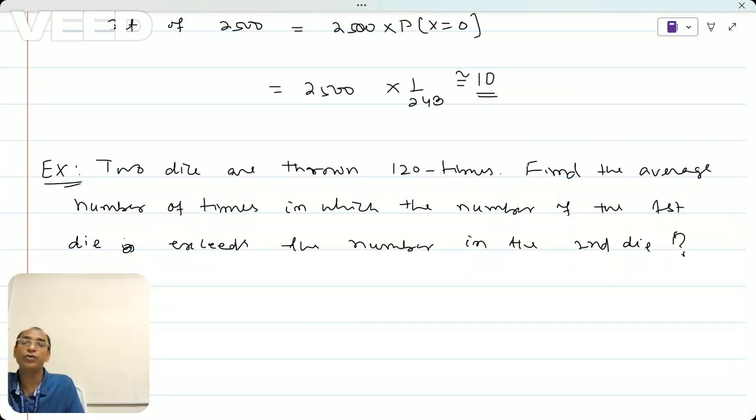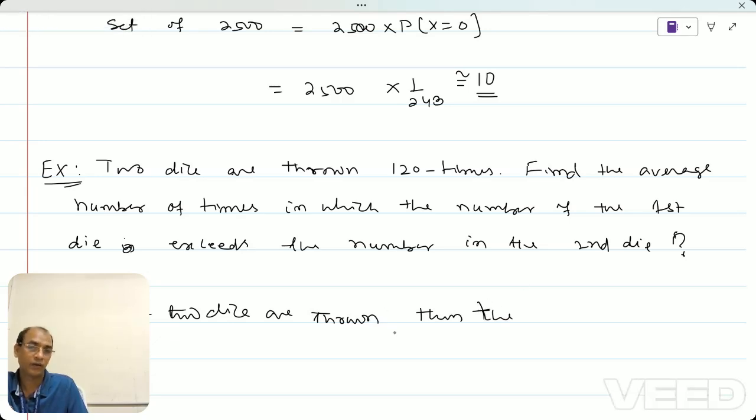you see, if we throw two dice at a time, we can have 36 possibilities. So if two dice are thrown, then the total number of outcomes is nothing but 6 to the power 2.